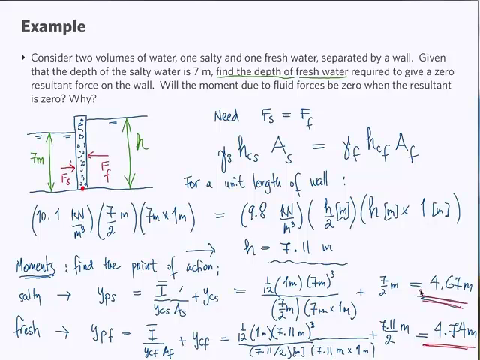But you can see clearly that they're not collinear, because this 4.67 is on the salty side, measured from here to here, and this 4.74 is from the fresh side, so they're measured from different reference points: the surface of the liquid in each case.